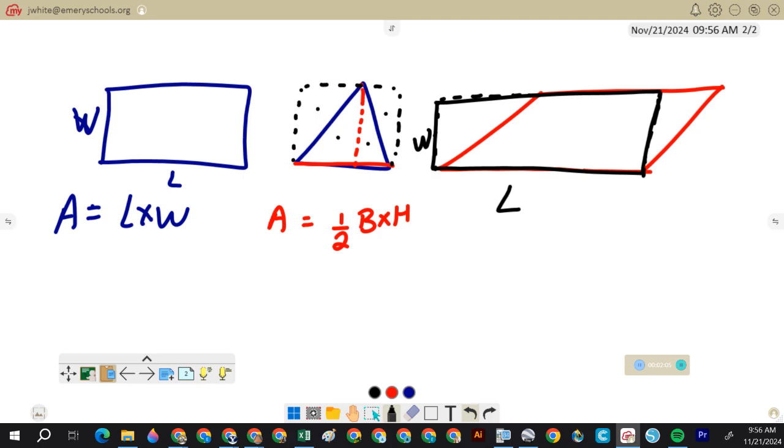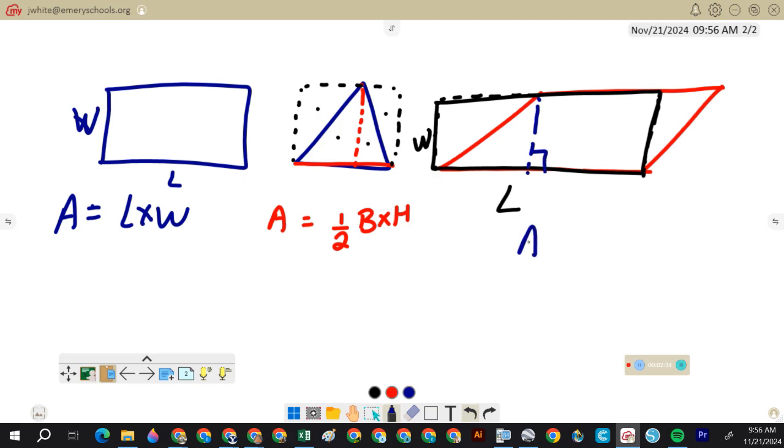And you'll notice that that length is the original base. Now, this is kind of weird, but the top and the bottom of a parallelogram are both called bases, which is a little strange. So you have like the top base and the bottom base. And the length of the black rectangle is exactly the same as the base of the red parallelogram. And then the width of the rectangle is equal to the height of the parallelogram.